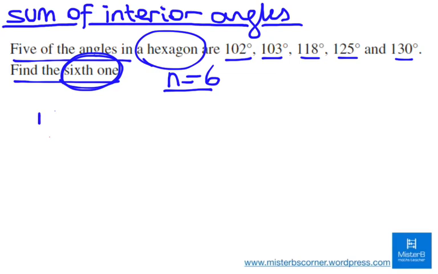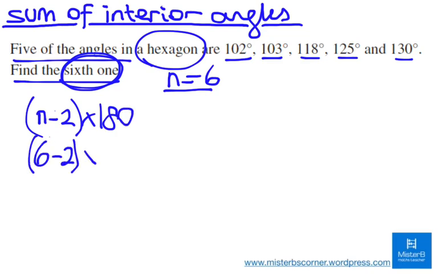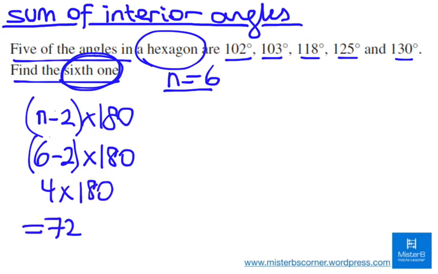So you go like, this is my formula, n minus 2 times 180. So it's going to be 6 minus 2 times 180. So it's 4 times 180, which makes 720 degrees. This is the sum of interior angles of a hexagon.